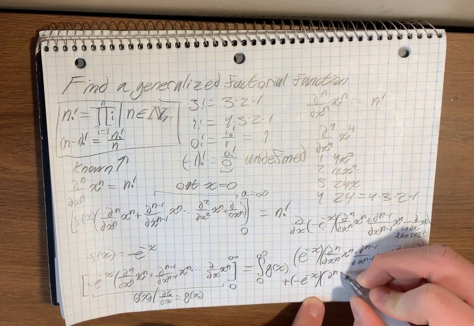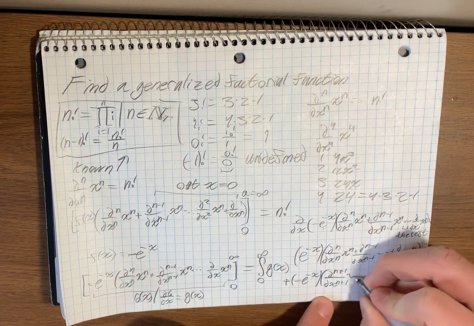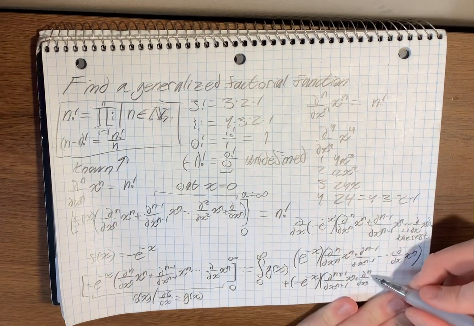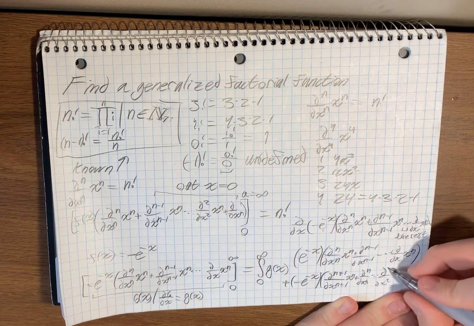So it's going to be the n plus 1 derivative of x to the n, plus the nth derivative of x to the n, and then the second derivative of x to the n.